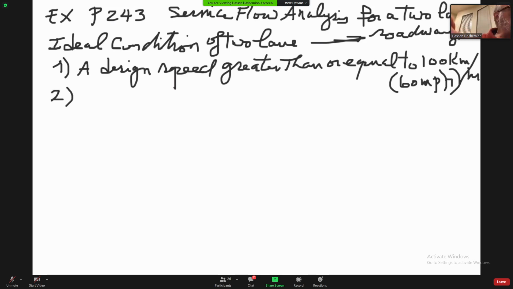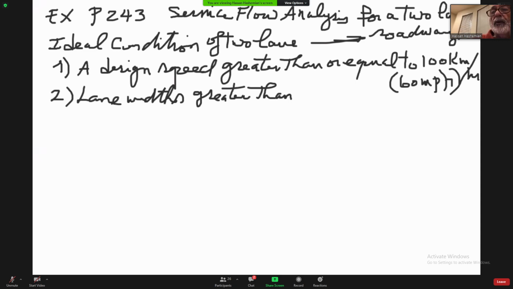The second condition is that your lane width should be greater than or equal to 3.6 meters, or approximately 12 feet.